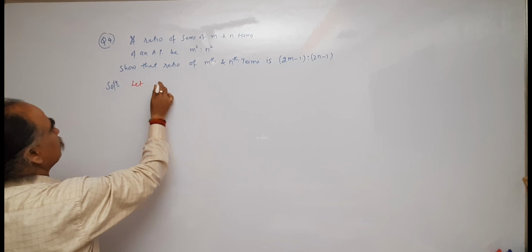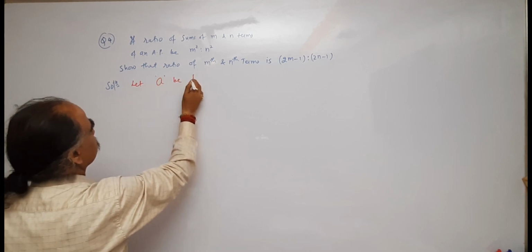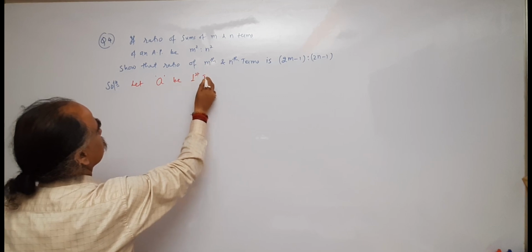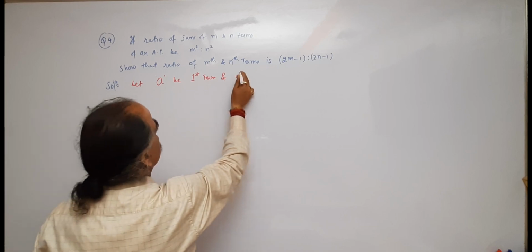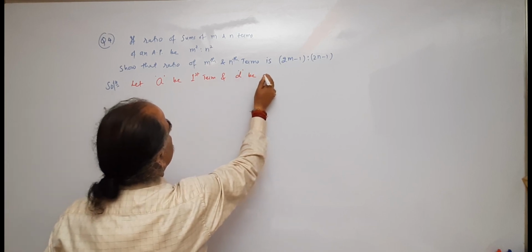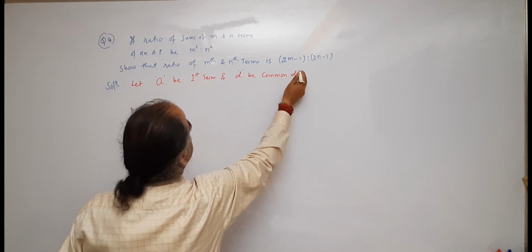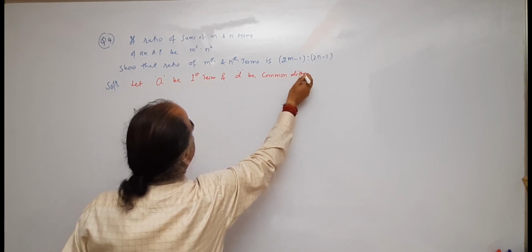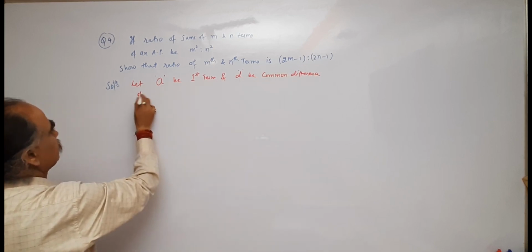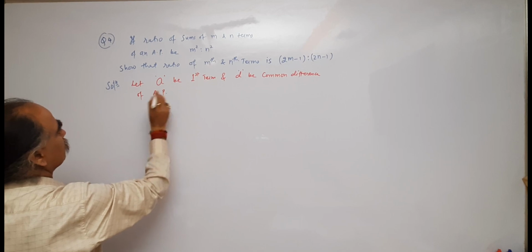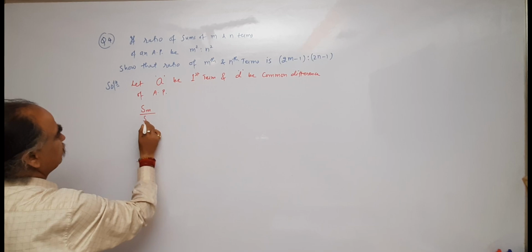Let A be the first term and D be the common difference of the AP. Sm upon Sn is what?